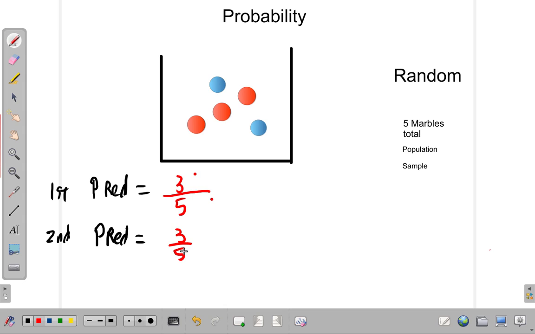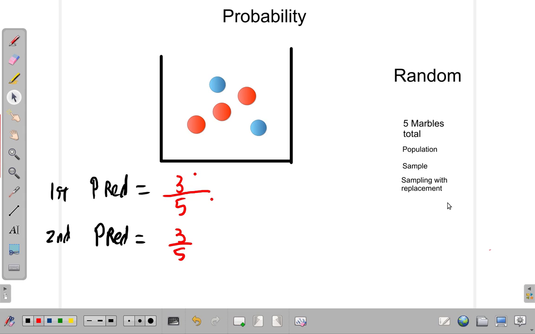Now, when you picked out that red and you put it back, it is called sampling with replacement. So let me write that down, or rather type it down. It is sampling with replacement.